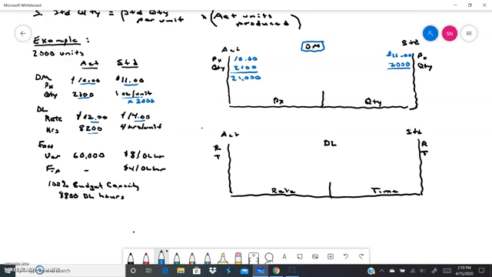So again, standard quantity per unit, which is 1 ounce per unit, times the actual number of units. And these are 2,000 units. That's our actual production. So here, we multiply that out, we get $22,000.